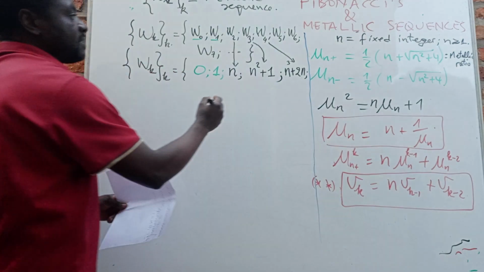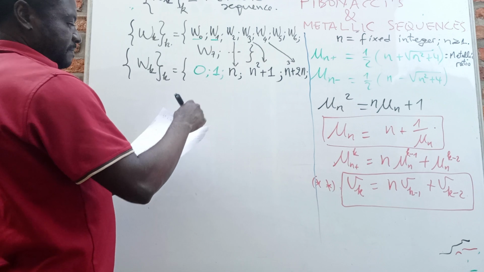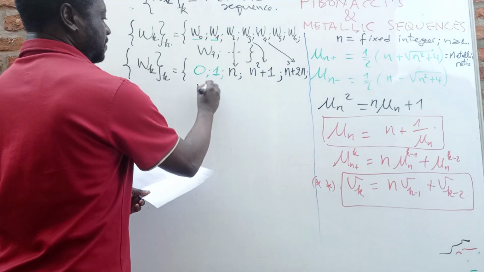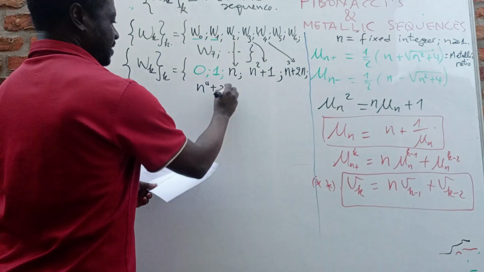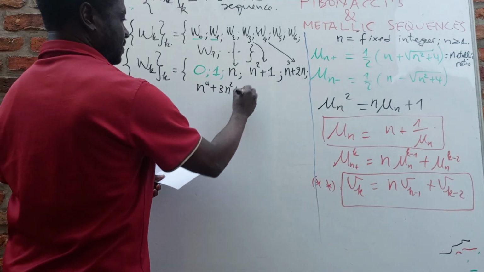So the sixth term, I can read here, is n power 4 plus 3 n power 2 plus 1.